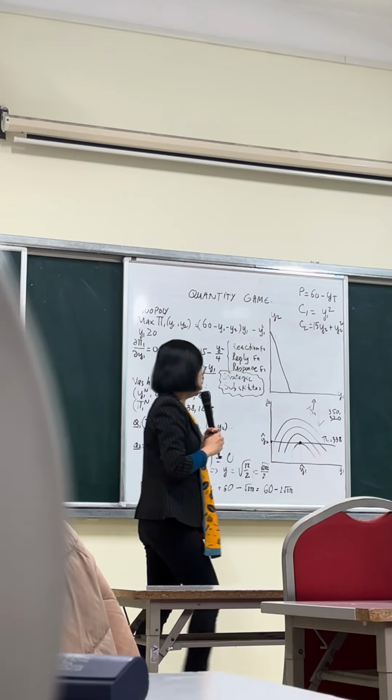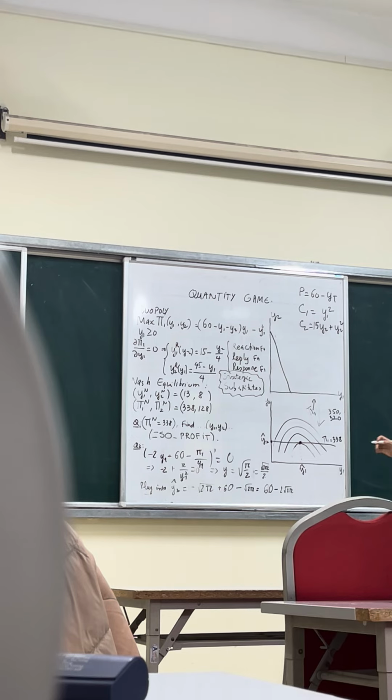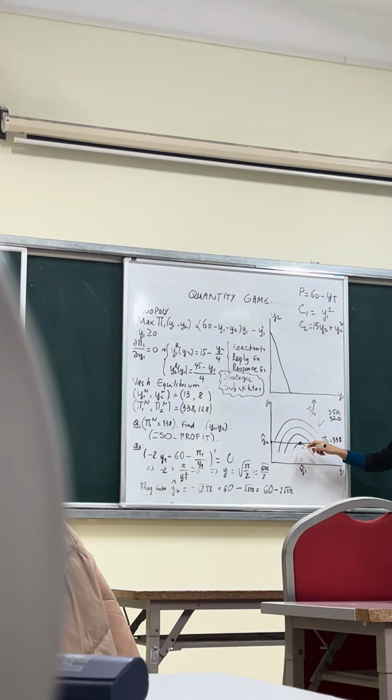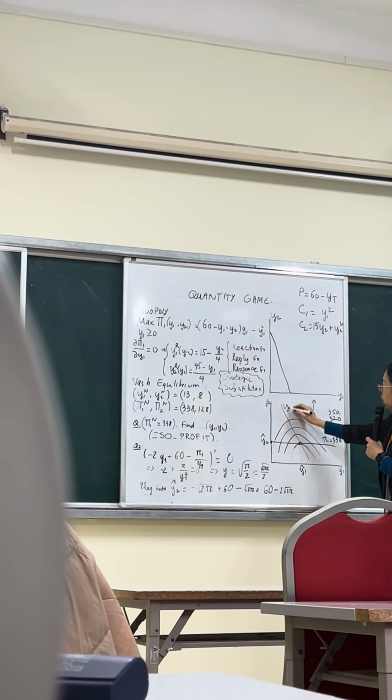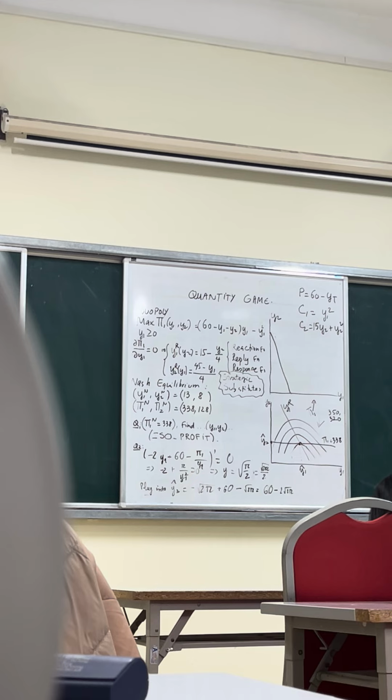So what we need is this point has to lie on the reaction function. I'm going to hold the top. That's how I draw it, like this. This is the reaction function of firm 1, y1 reaction function. The reaction function of firm 1 goes through all the tops of the isoprofit of firm 1.